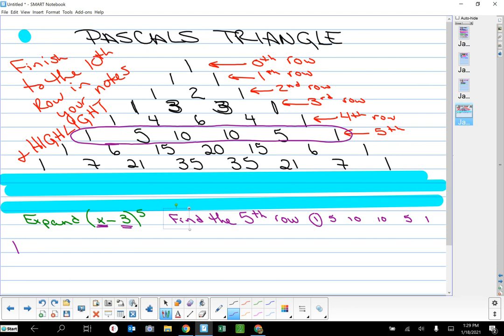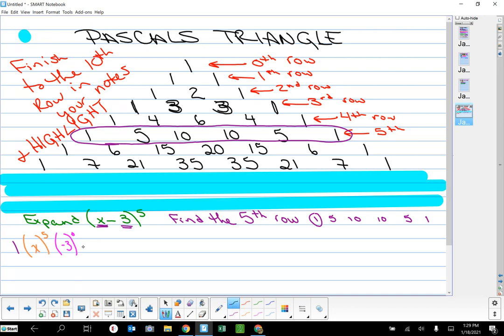Then I'm going to take my x term to the n, in orange, so x to the 5th. And then the y term, which is -3, to the 0. I take the x to this power, the y to no power.